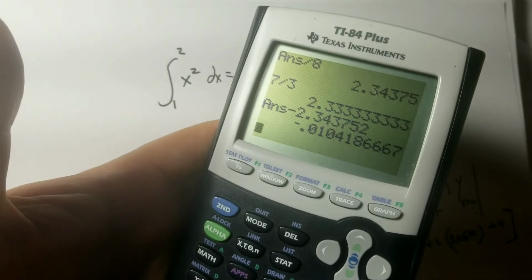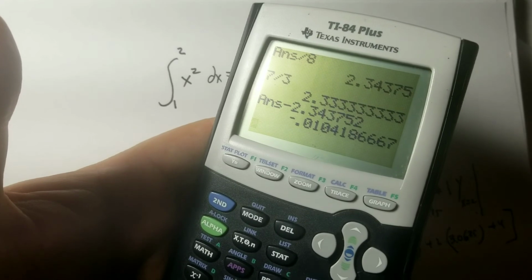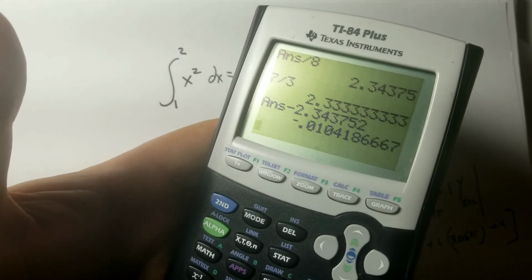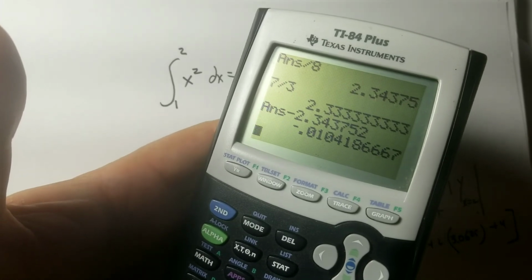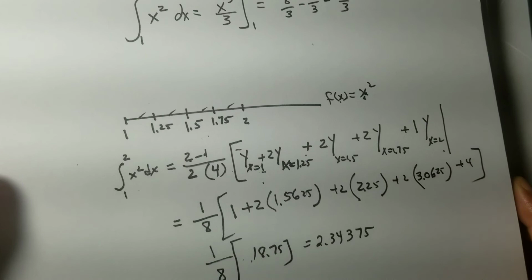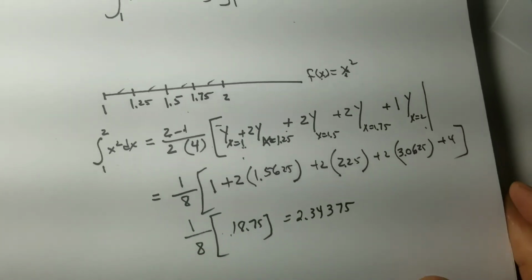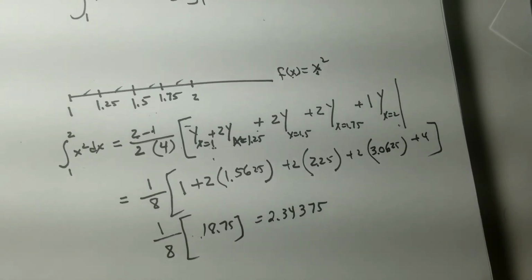See, that's only 4 trapezoids. What happens if I make it 5? What happens if I make it 6? It becomes exactly the same. Therefore, trapezoid is very helpful to do it numerically. In the next video, I'm going to do some examples of the trapezoid rules.